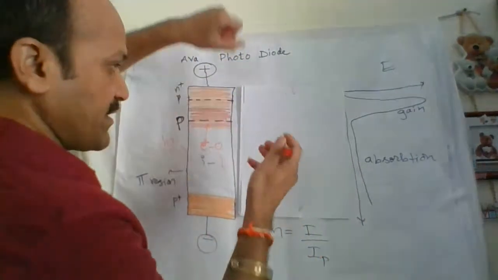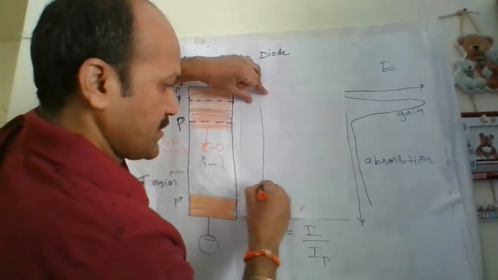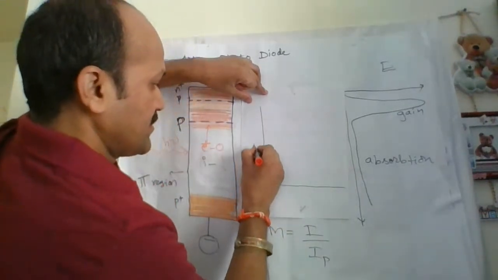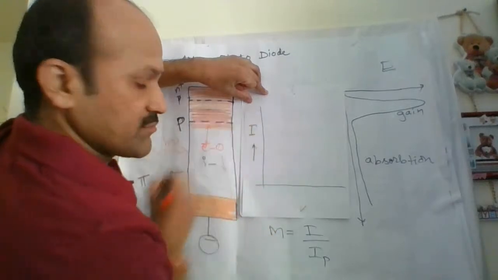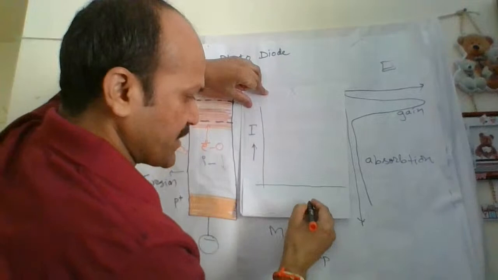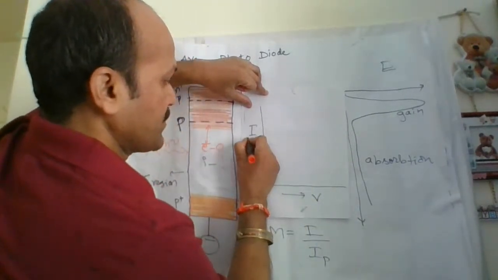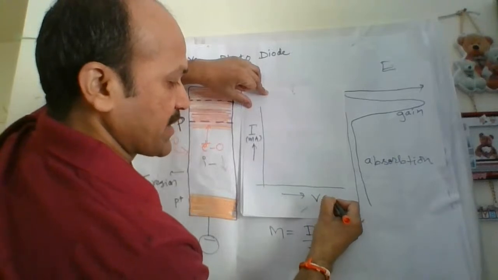if you draw a graph, the current will be in milliamps and voltage in volts, VI characteristics, output characteristics.